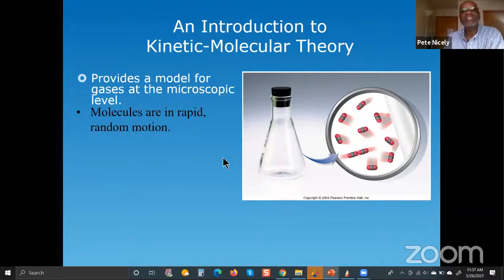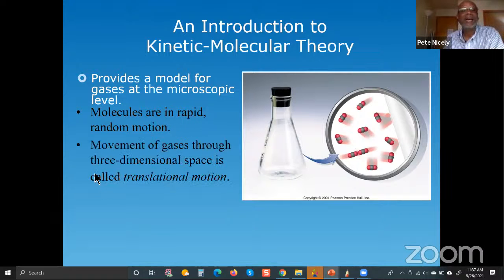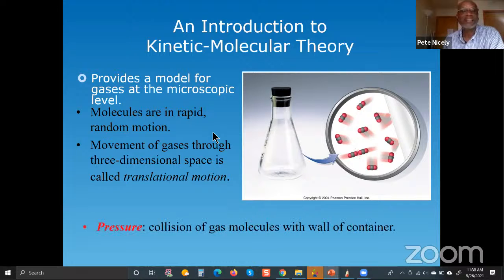So basically the assumptions of this theory is that, as we said before, the particles are in rapid random motion, and they move through a motion known as translational motion, which basically means that it moves in straight lines. In fact, the only way that they deviate from that straight line motion is that they collide with each other or with the walls of the container.